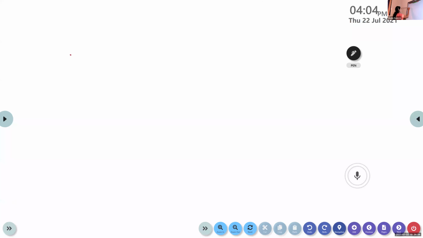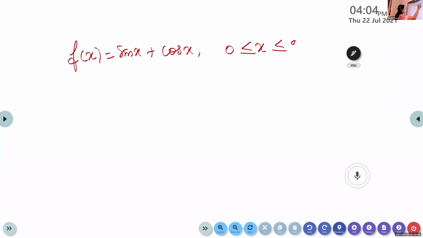Find the intervals in which f of x is equal to sin x plus cos x is increasing, with 0 less than or equal to x less than or equal to 2 pi. Find the intervals in which f of x is increasing in the interval 0 to 2 pi.